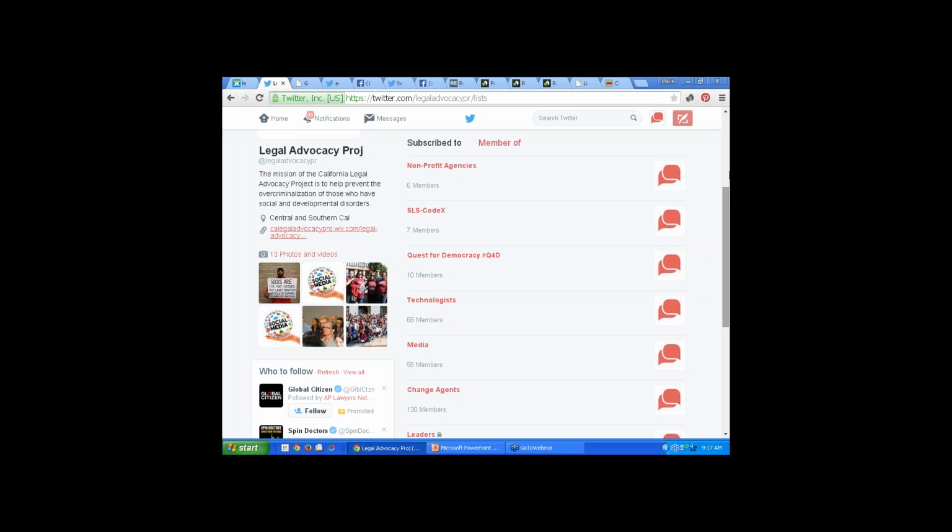With our project, we have certain groups that we target. Pardon me, we focus on nonprofit agencies. SLS Codex stands for Stanford Law School, which has some interesting ways for us to track the groups that we advocate for, those who have social developmental disorders, because we are focused on a legal informatics system, which means a case management system.